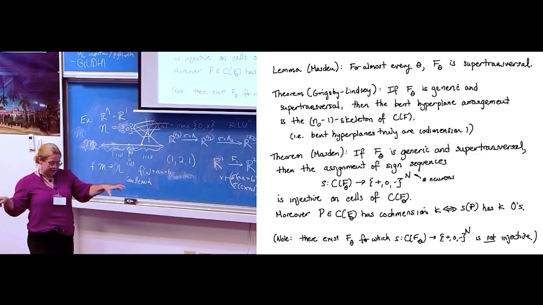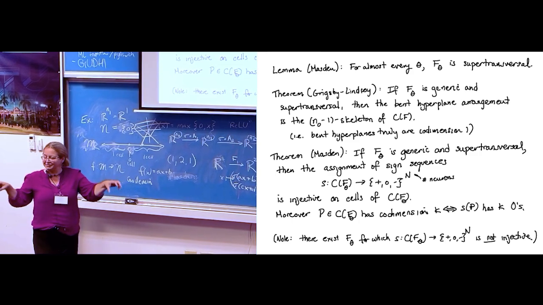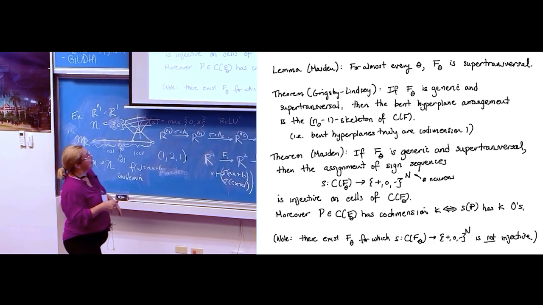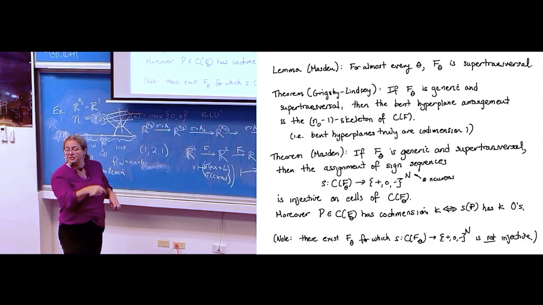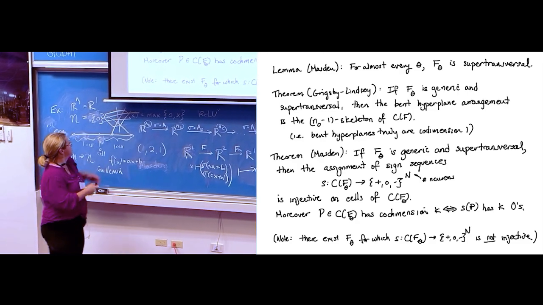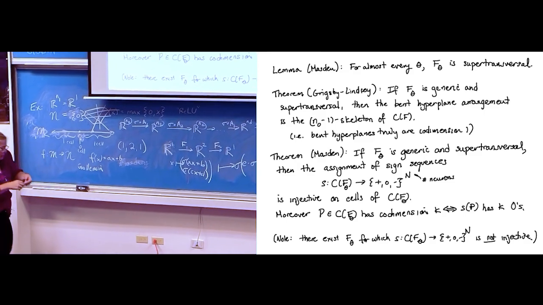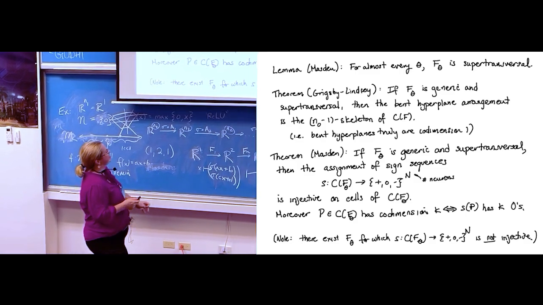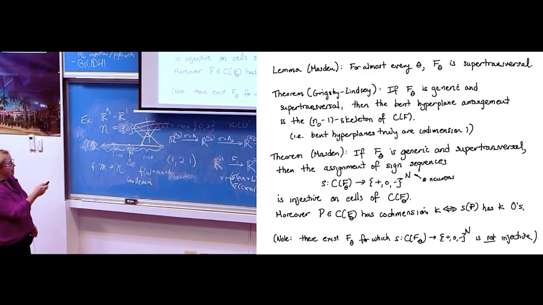So if I have two different cells and I record all the signs of all the different neurons, they will be different somewhere. In general, that is not true. If you don't have generic and transversal, you can get a complex where two different cells have the same sign sequence.